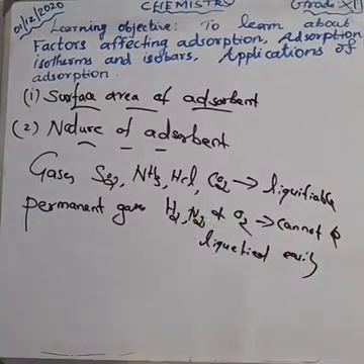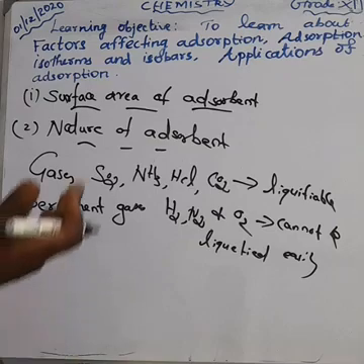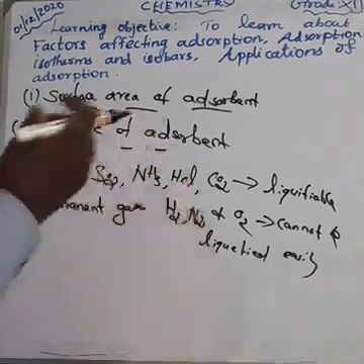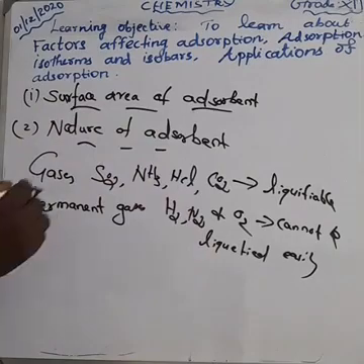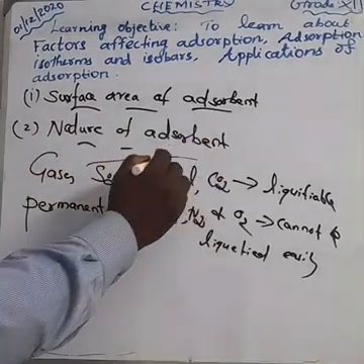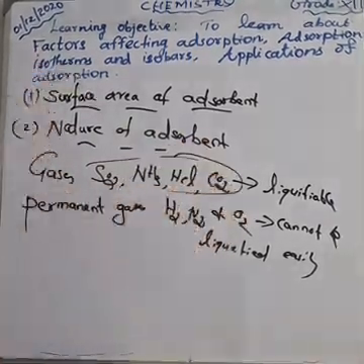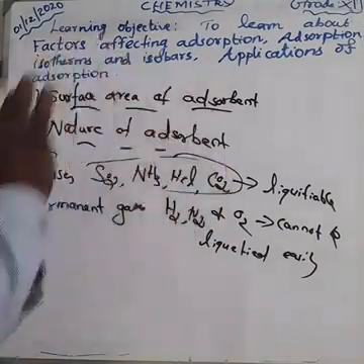Some gases like sulfur dioxide, ammonia, hydrochloric acid, and carbon dioxide are easily liquefiable gases. The reason is that they have a greater van der Waals force of attraction, so they are easily liquefiable.